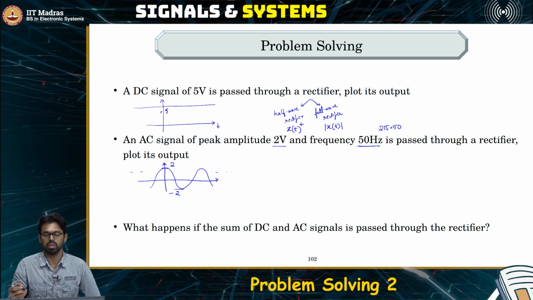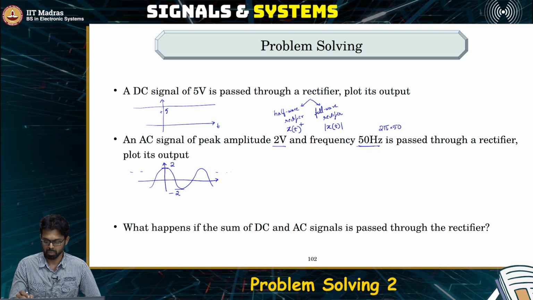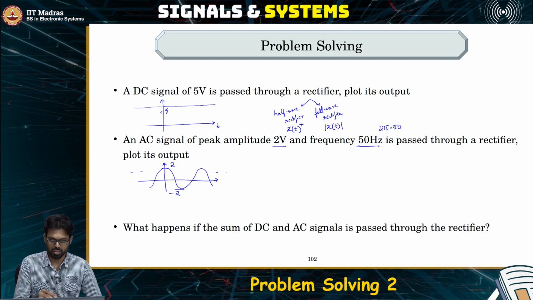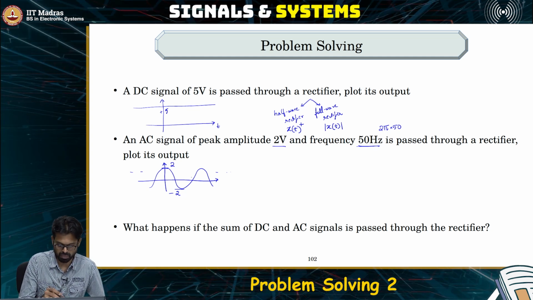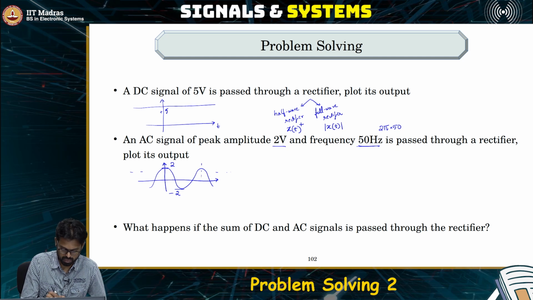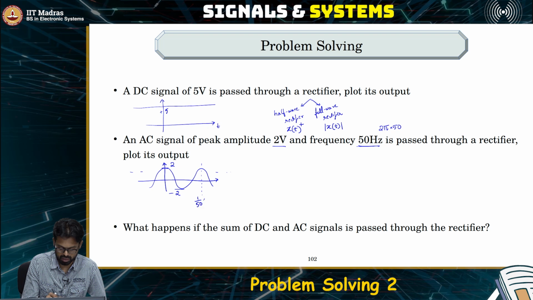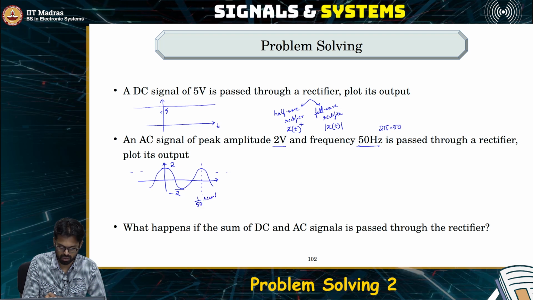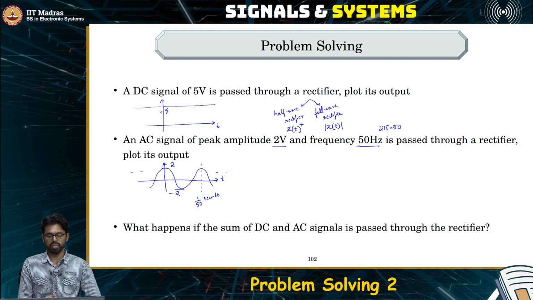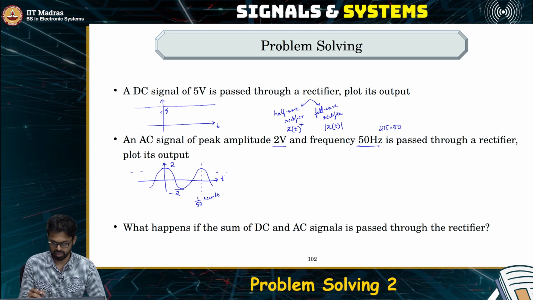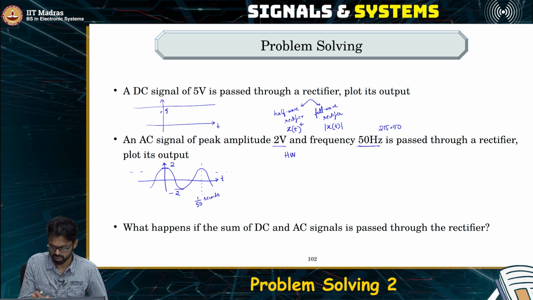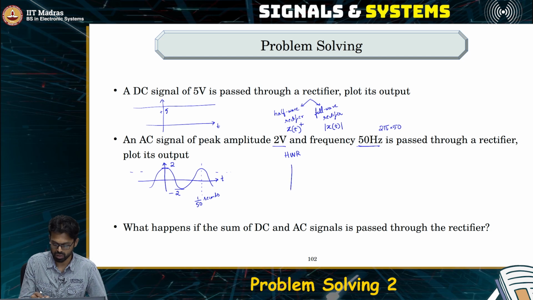So what is your period here? The period is 1 by 50 seconds. Now if you feed this to a half wave rectifier, what would be the output?